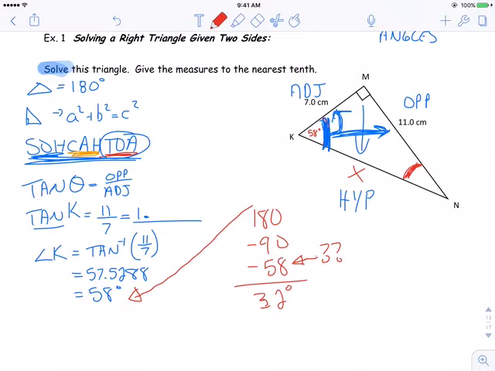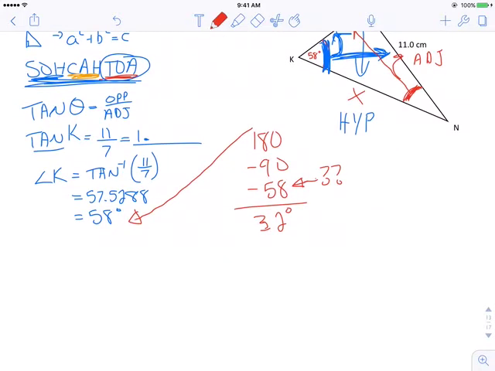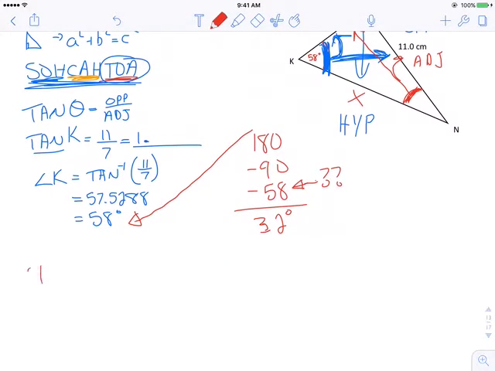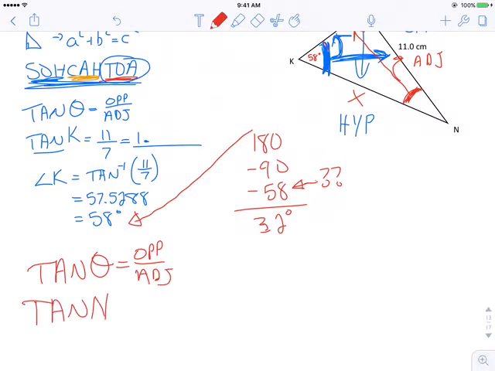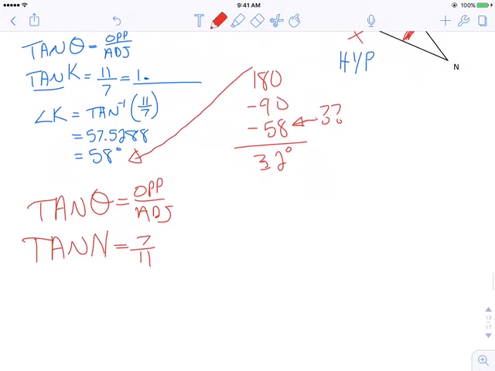In order to calculate that, though, I have to relabel my triangle. 7 now becomes my opposite side. 11 is my adjacent side. What is my ratio? Opposite and adjacent is tangent. Tangent of an angle is equal to opposite over adjacent. This time it's tangent of N, which is equal to my opposite side, which is 7 over 11.